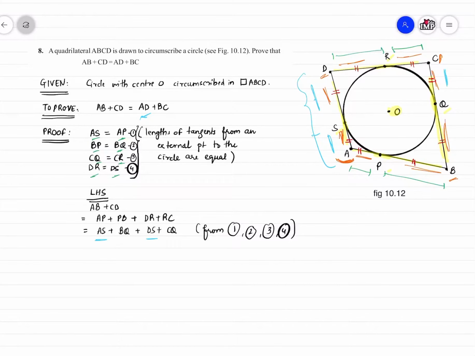Then CQ plus BQ or QB is the same, is actually nothing but BC. So we are very close to our answer. We just have to rearrange this a little. AS plus DS plus BQ plus CQ. Now AS plus DS is AD, BQ plus CQ is BC, which is equal to RHS. Hence, proved.